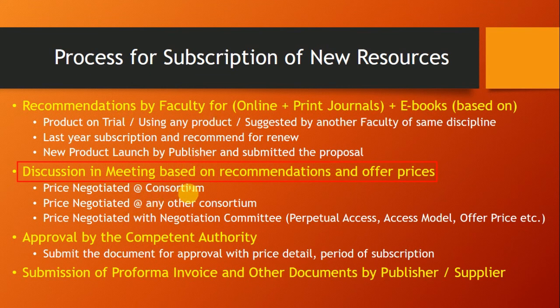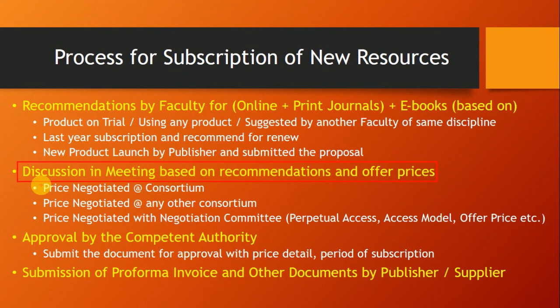There, the first thing considered is whether the library has sufficient budget for procurement for the current year. Then whatever recommendations the library has received are calculated based on the offered price. And who is offering the prices? There are two things.